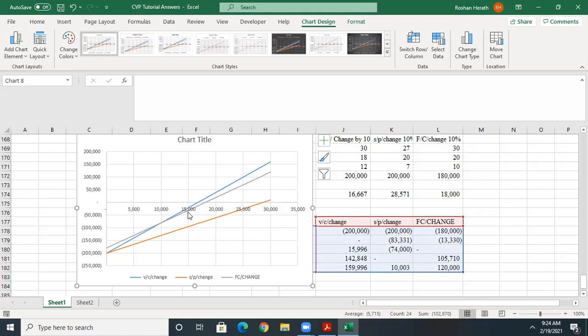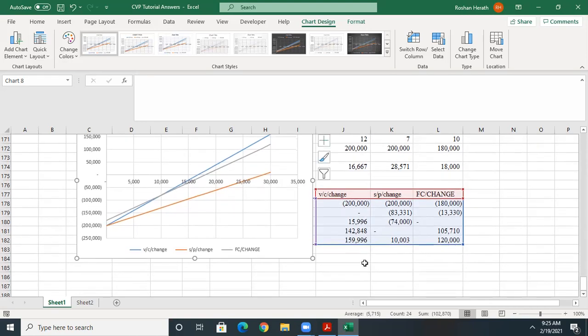So instead, if you look at the fixed cost change, it is greater than the sales price, but still it's having something less. But if you look at the impact that it has on the variable cost change, it tends to have the greatest slope. So therefore, if you have to rank this, what comes first?